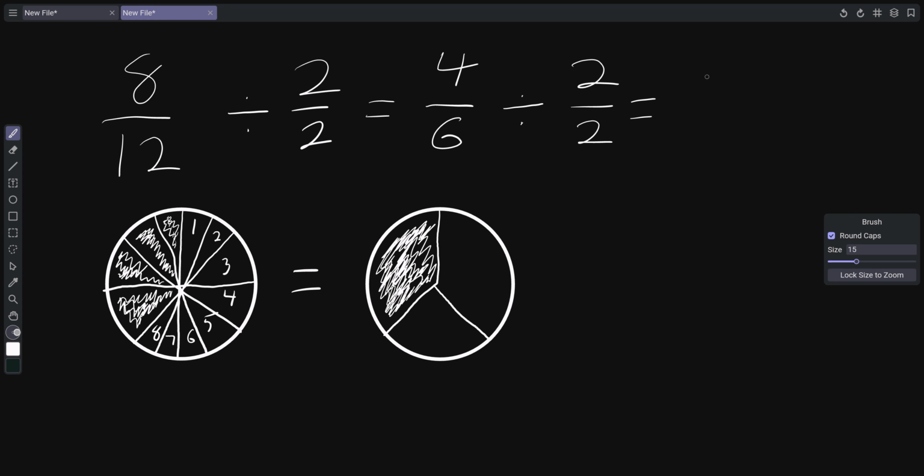And then that would give me 2, because 4 divided by 2 equals 2, over 3, because 6 divided by 2 equals 3. And this took a little bit longer, but you could see that it ultimately gave us the same answer, 2 over 3, which is what I have drawn over here.